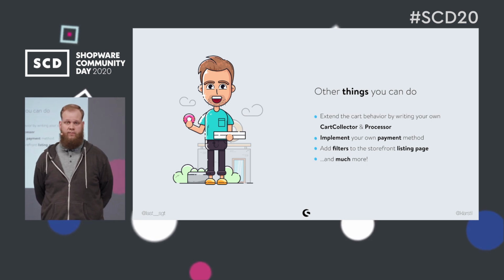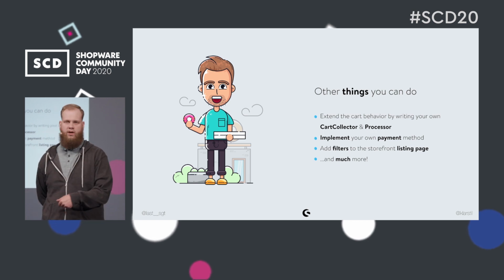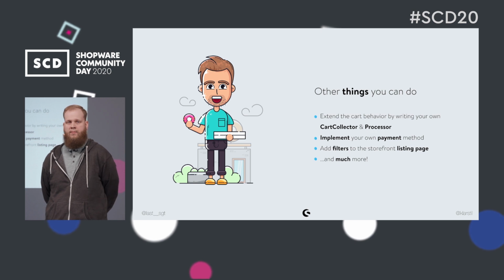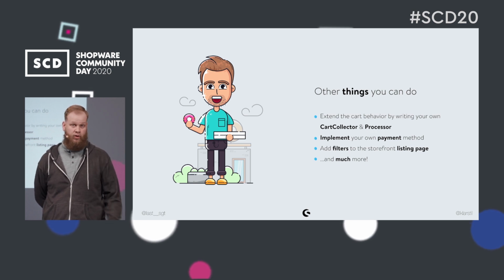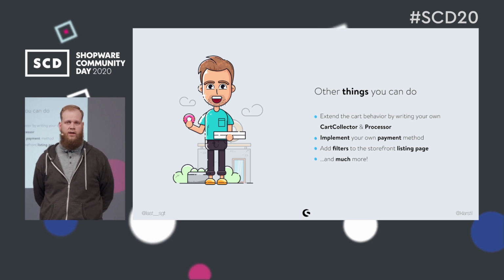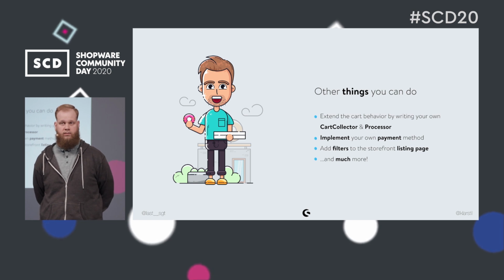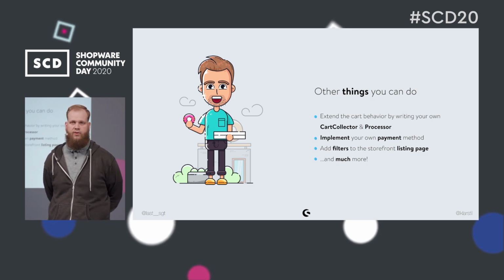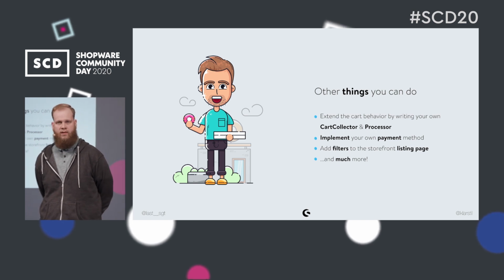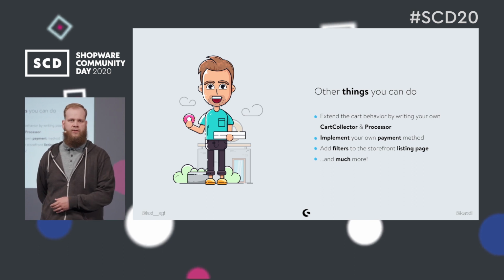And as well, you could implement your own payment method, really your own or your favorite one that's lacking in Shopware right now. We have a great payment API in Shopware 6. Synchronous payments and asynchronous payments are ready to use. You just define your own payment handler, and your payment method is ready. And that's documented as well. One more simpler thing I can think of right now is to add a certain filter to a storefront listing.